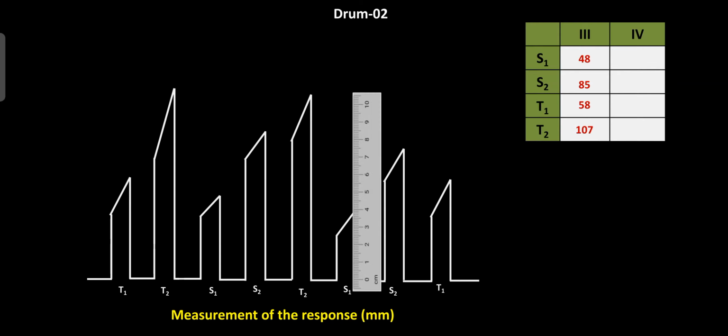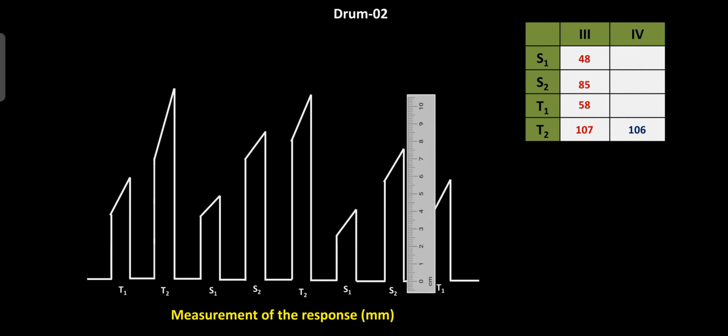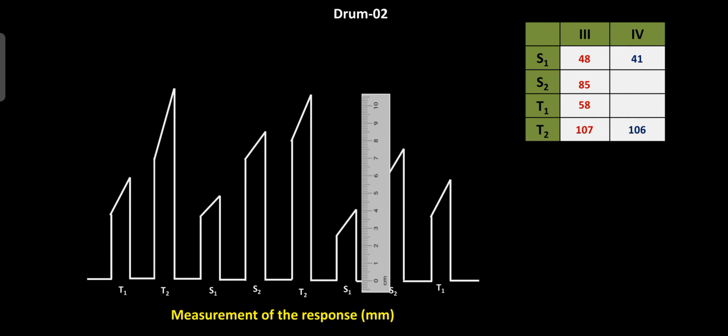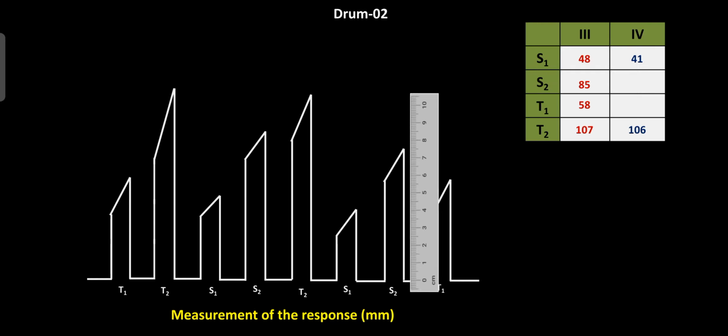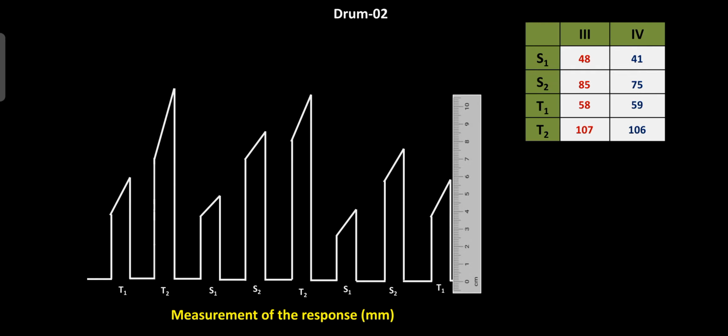Then go for set 4: the T2 response is 106 mm, then S1 response is 41 mm, then S2 response we got is 75 mm, then T1 response was 59 mm. So this is the completion of the measurement of responses of set 3 and set 4 according to the Latin square, on drum 2.